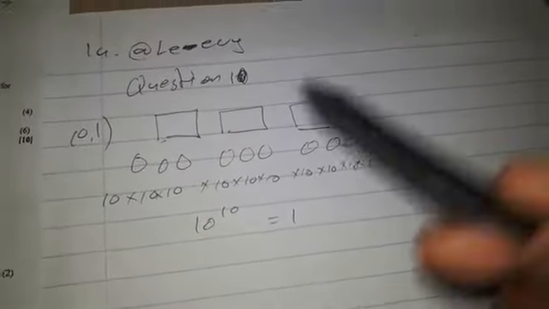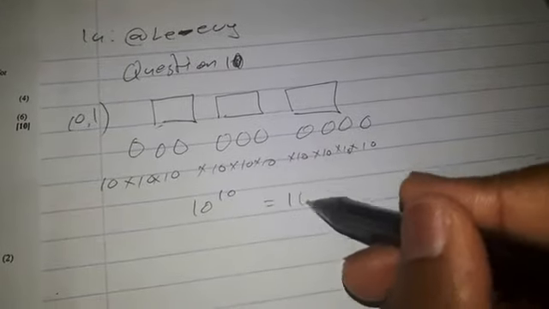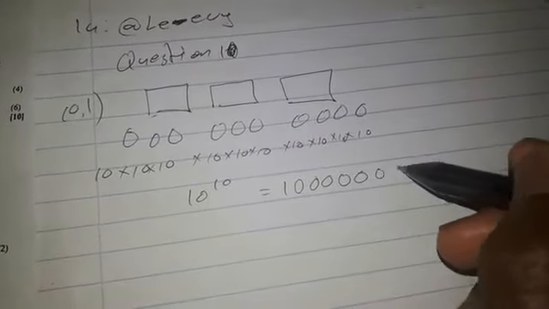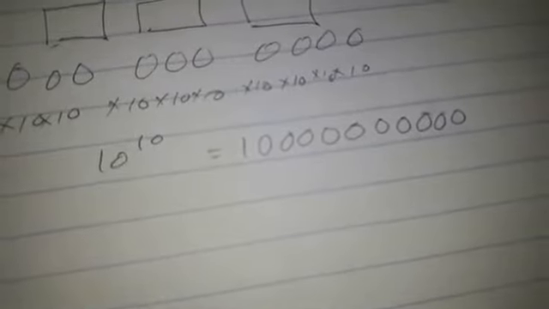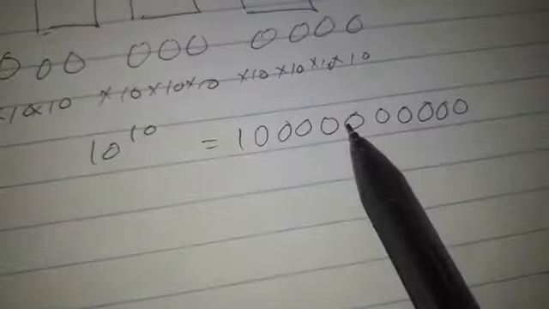Let's count the zeros. 10 zeros. I don't think that was necessary, but here we are. This is your answer. And this answer clearly is like 10 billion. 3, 6, 9, yeah, 10 billion.